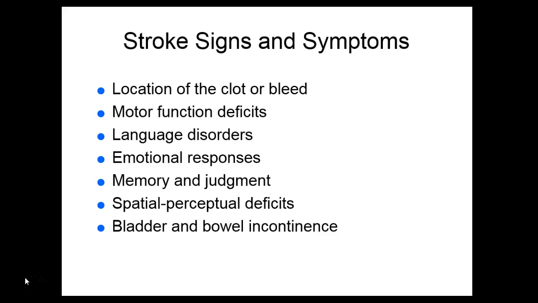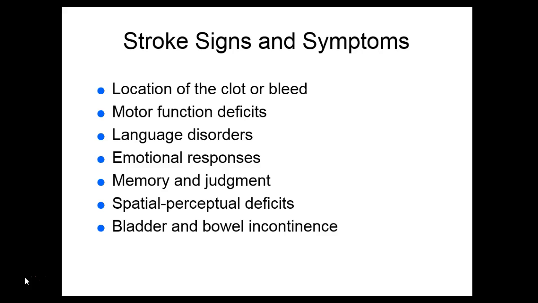If you look at figure 23-4, which is located again on page 533 of your textbook, it shows you the different body functions and sensory functions located in different parts of the brain.